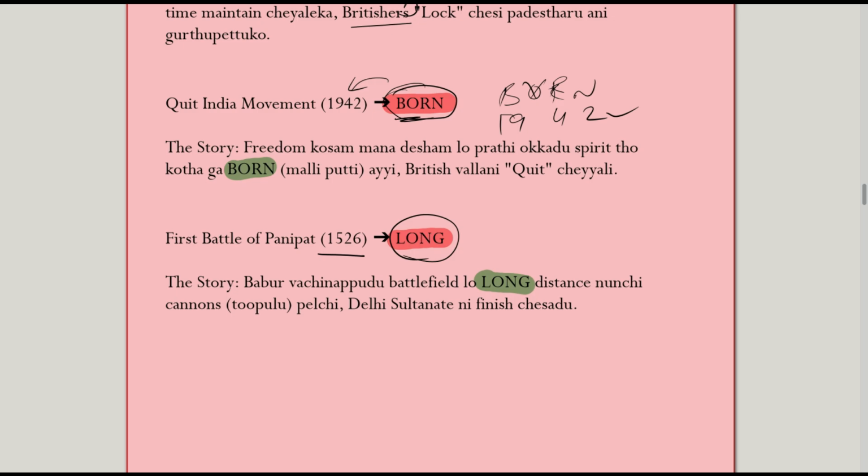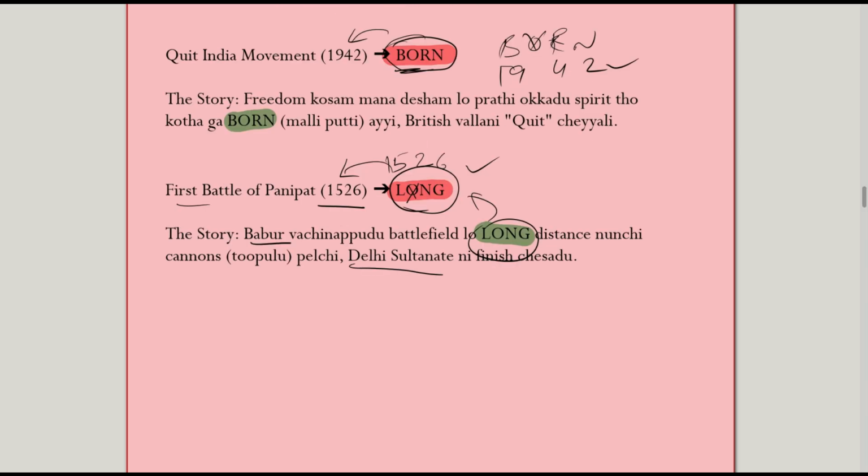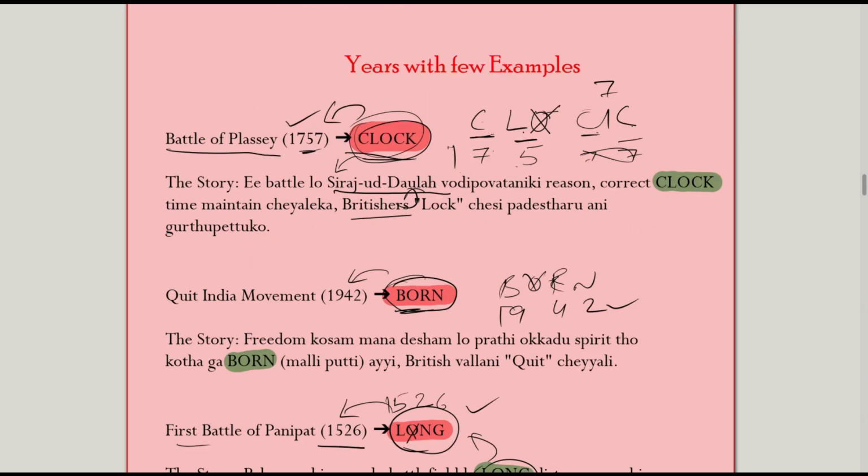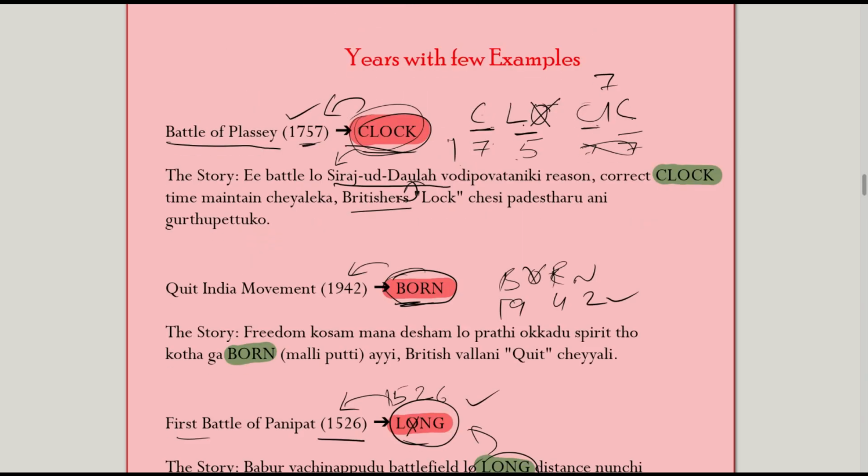It is not the exact story. I just want to symbolize that this event happened between Babur and the Delhi Sultanate. It's a battle, and the battle name is the Battle of Panipat. Long is the keyword, and this word represents 1526. As I said, cancel O. So L is 5, N is 2, G is 6, with 1 in front: 1526. So this is the Battle of Panipat keyword. In this way you can remember these years.